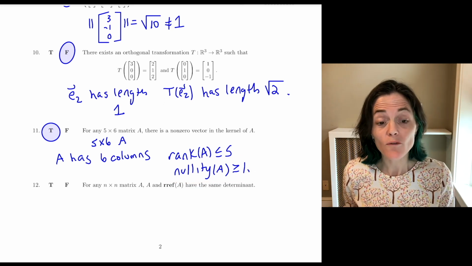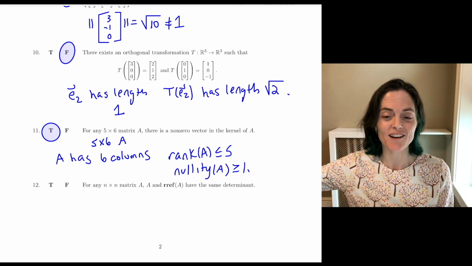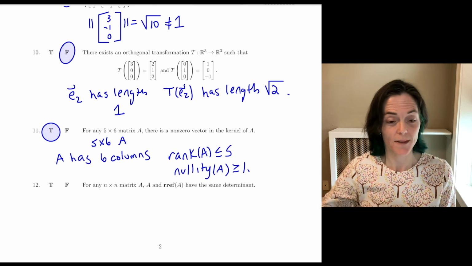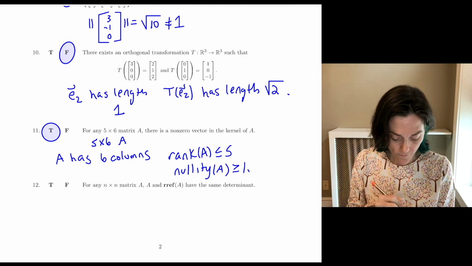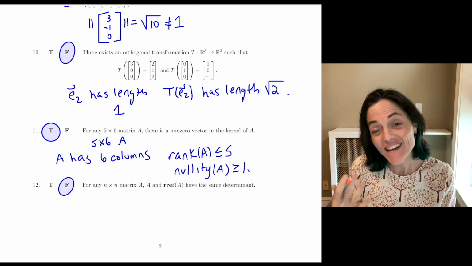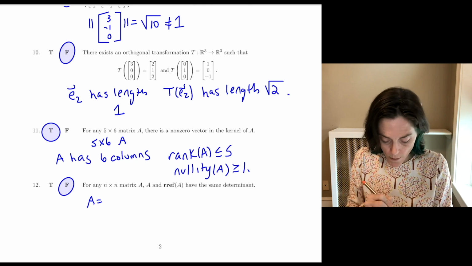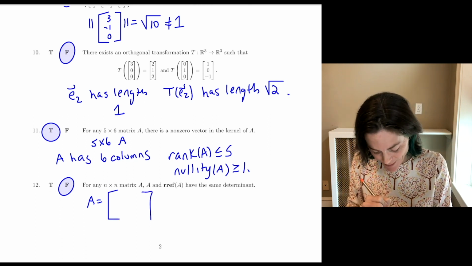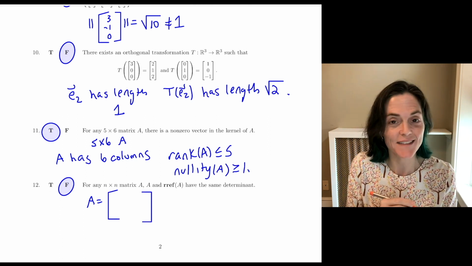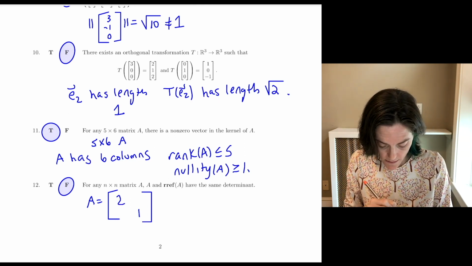Number 12, for any n by n matrix, A and the reduced row echelon form of A have the same determinant. Well, false, without a doubt. And we can give a counterexample that's just a 2 by 2. So what we want to do is pick an invertible 2 by 2 matrix that does not have determinant 1. Okay, let's just do this.